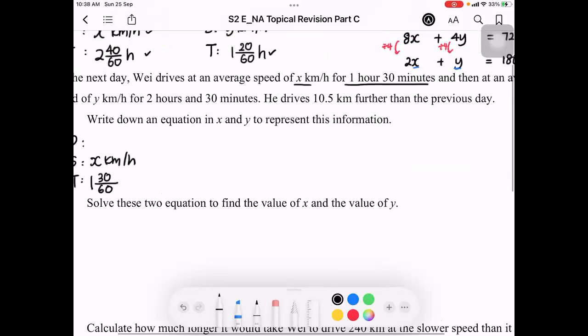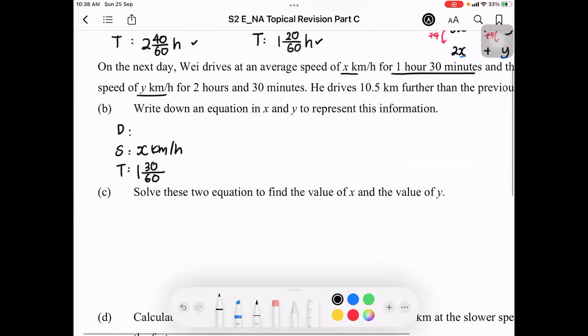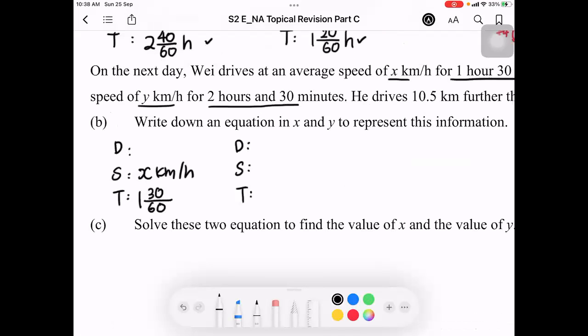And then at an average speed of y kilometer per hour for 2 hours 30 minutes. So distance will be y times 2 hours 30 minutes. What do you suggest we change the 30 minutes to? 30 over 60.